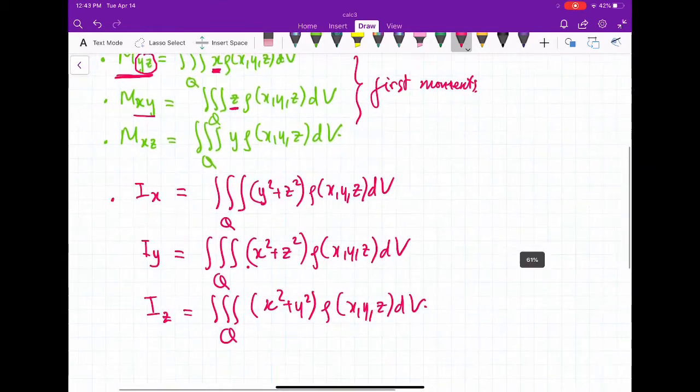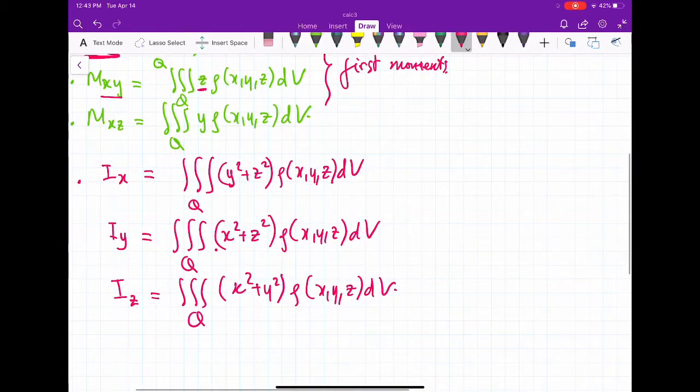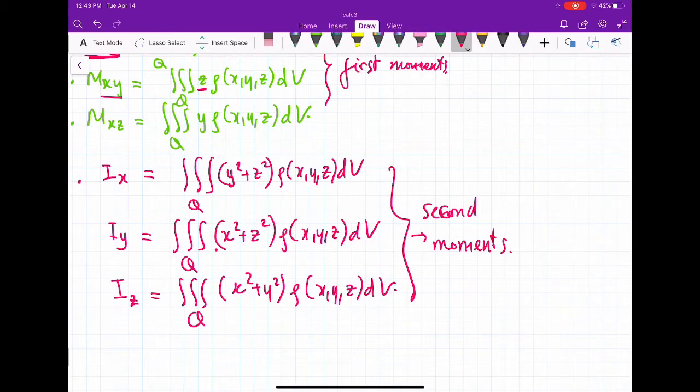If you compare these formulas with the formulas for planar lamina, you see why here we use y squared plus z squared, x squared plus z squared, and x squared plus y squared. Okay?